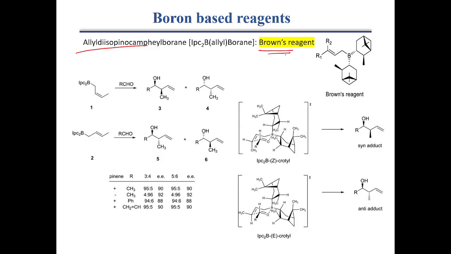It is mostly used as a chiral allylation reagent for aldehydes and ketones. In these cases, this kind of allyl boron compound in the presence of an aldehyde selectively gives the cis product if the geometry is Z, or the trans allyl, the E allyl, in the presence of an aldehyde gives the trans or E product selectively.